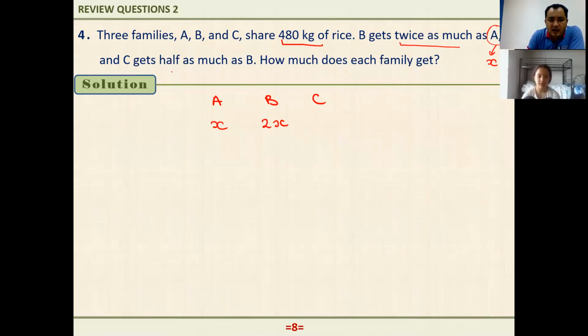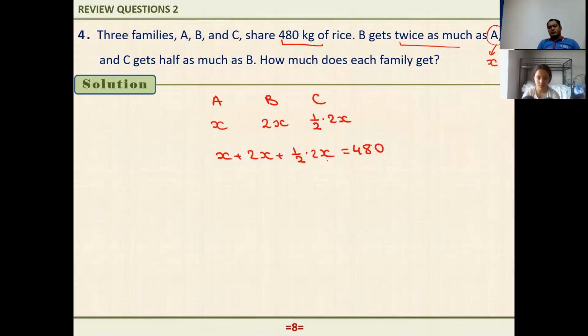And C gets half as much as B. Half as much as B means 1 over 2 times 2X. And altogether, they share 480 kg of rice. So here we have X plus 2X plus 1 over 2 times 2X. It should be equal to 480 kg, right?